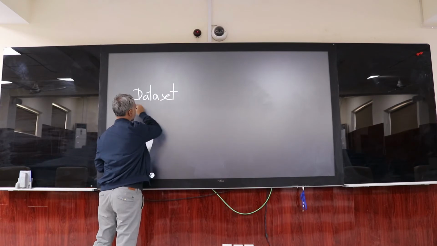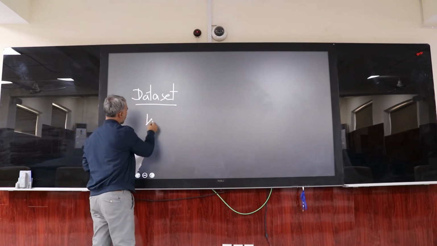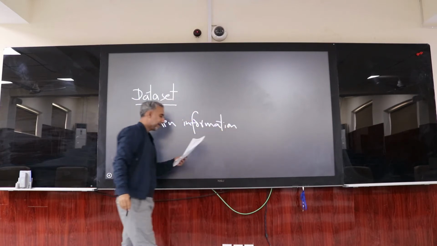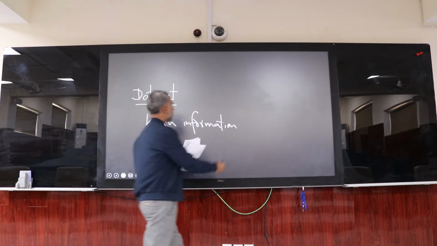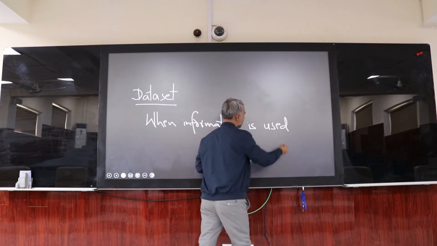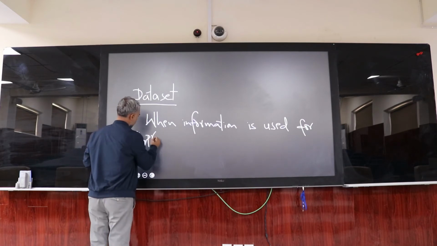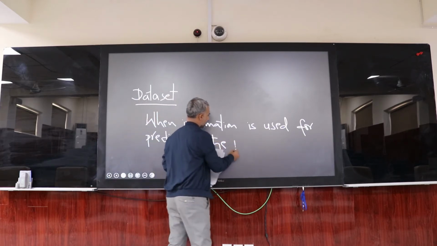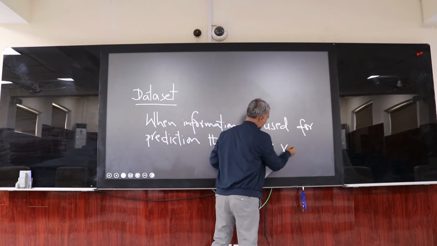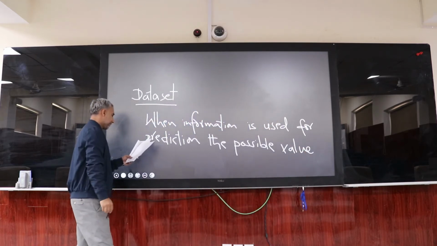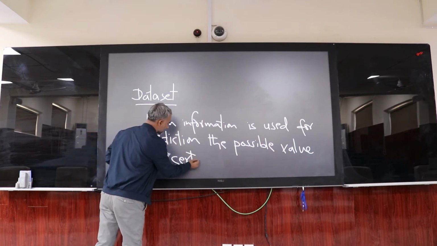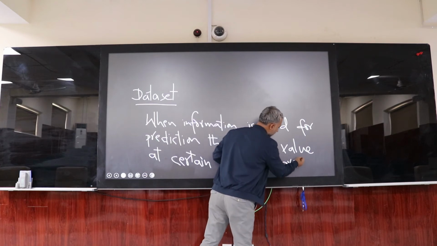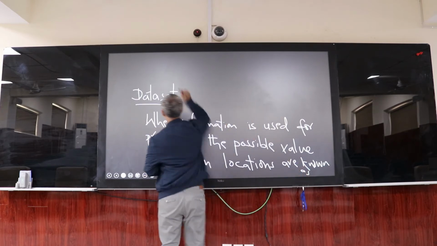When information is used for prediction, the possible values at certain locations are known as a data set.